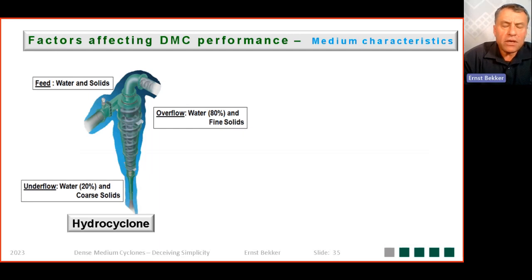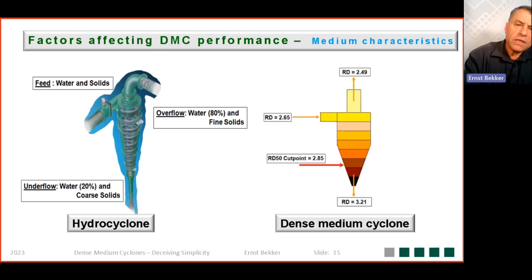In the hydrocyclone, you have more water reporting to the overflow and more solids reporting to the underflow. That gives rise to a difference in density between the overflow and underflow of the hydrocyclone. The same applies to the dense medium cyclone. You have a feed density coming in, and then a lower overflow density and a higher underflow density.